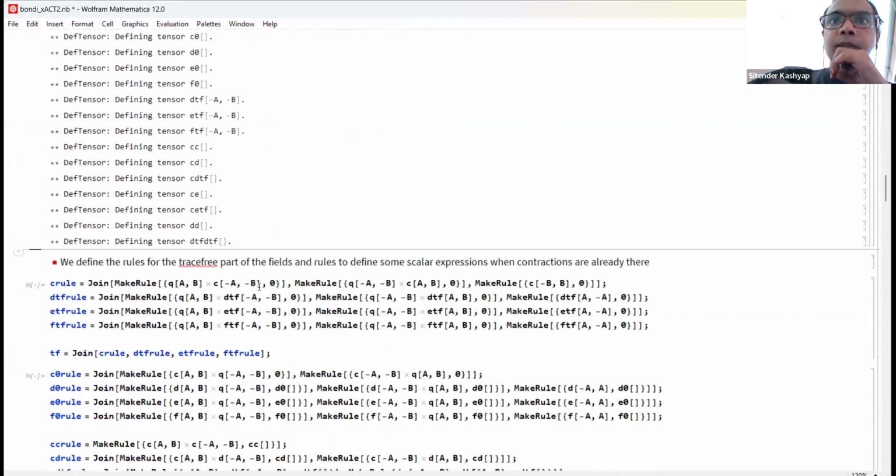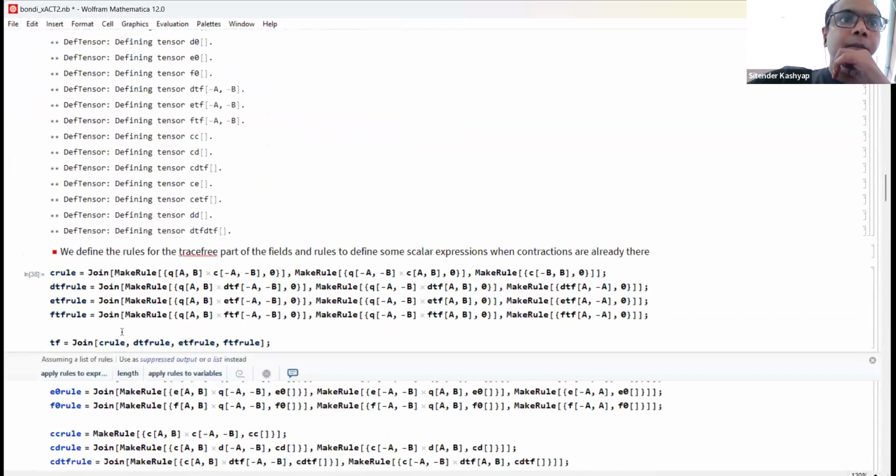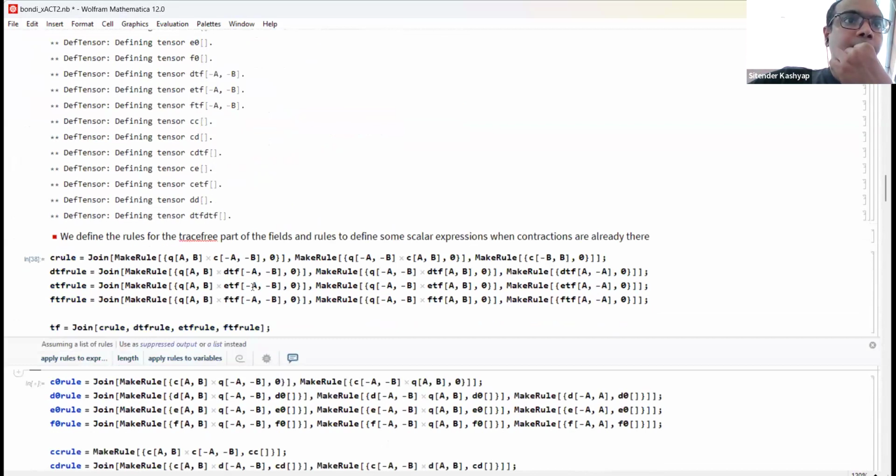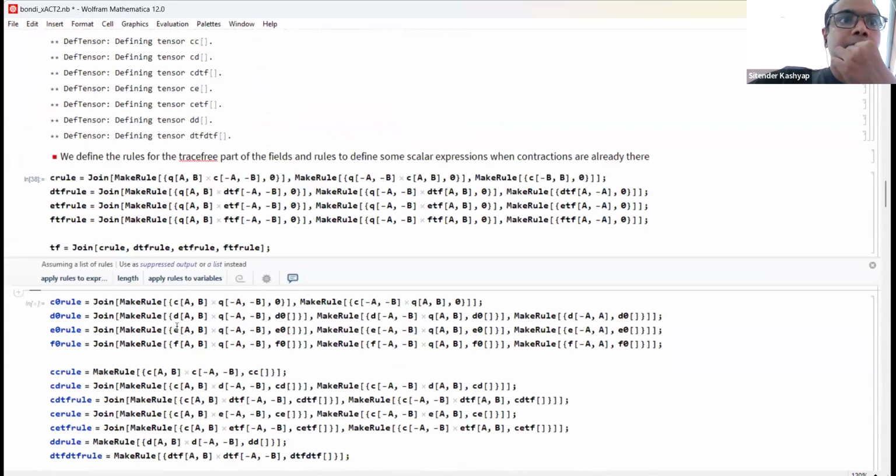So now what we do is we define some trace tools and some scalars.